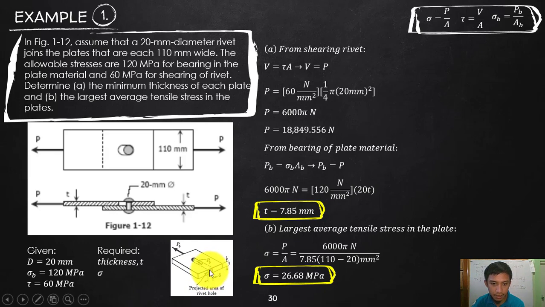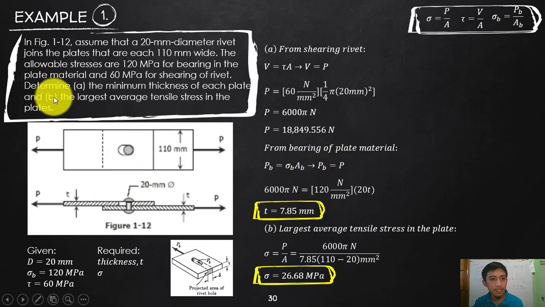That is the shaded area here, the projected area. So if we multiply that, the diameter is 20 times the thickness, which is the unknown T. And then play around with this, and you will end up with 7.85 millimeters. That should be the minimum thickness in order for us to maximize the strength of the rivet, so that they will fail simultaneously, or at the same time.